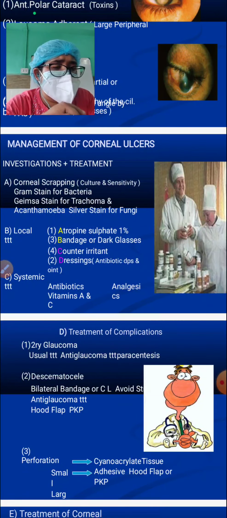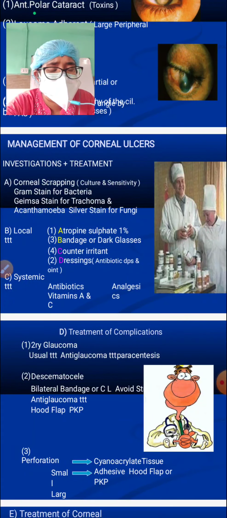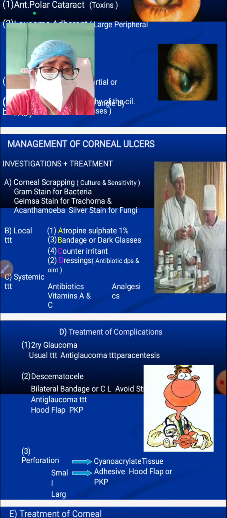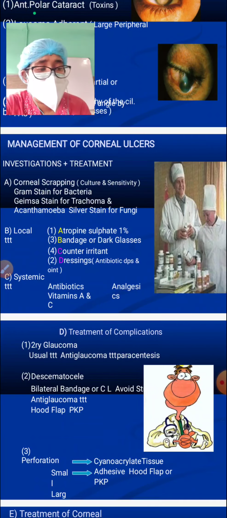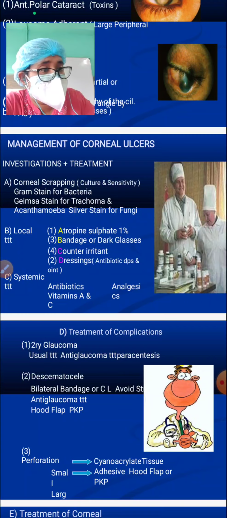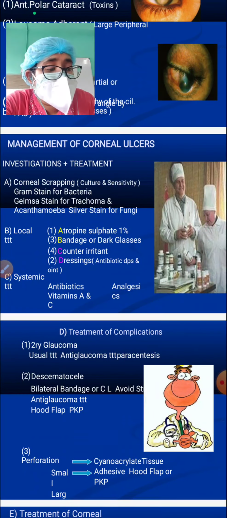Something you need to know is that some conjunctivitis, like vernal keratoconjunctivitis, are seasonal conjunctivitis, which have the typical papillary cobblestone and velvety appearance of the conjunctiva, along with bulbar congestion.